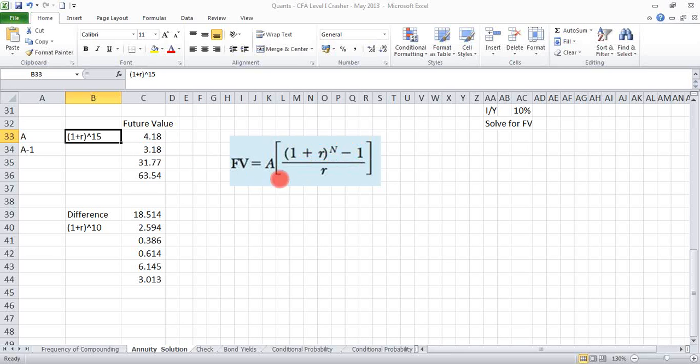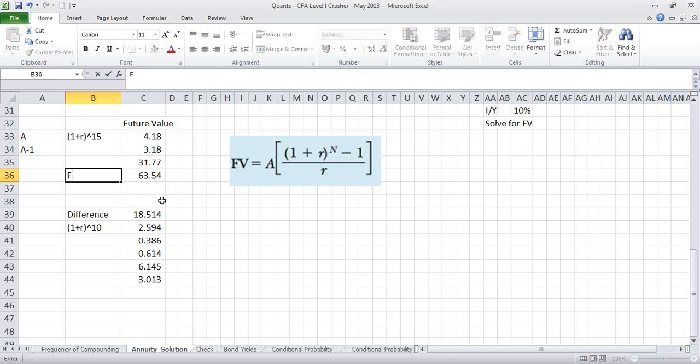Divide this number by 10%, which is the rate, and we get 31.77. The future value is effectively the annuity value, which is 2 million, multiplied by 31.77, which is this entire term. So this is the future value at 45.